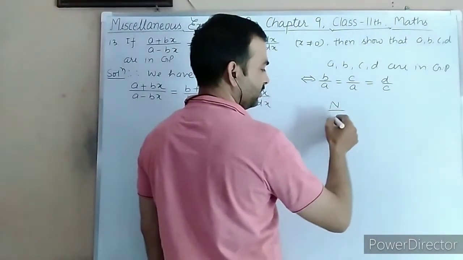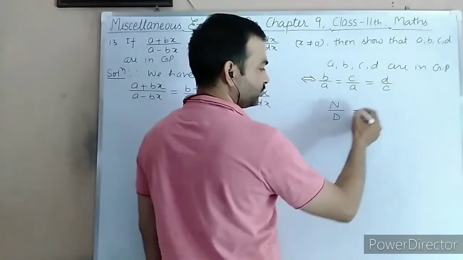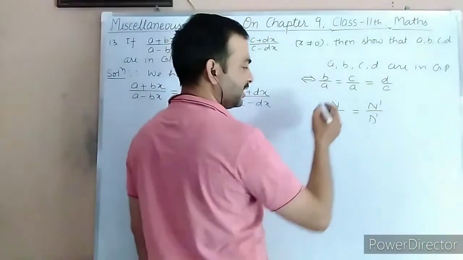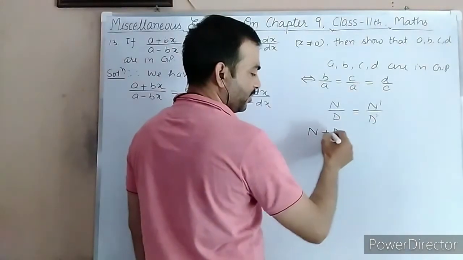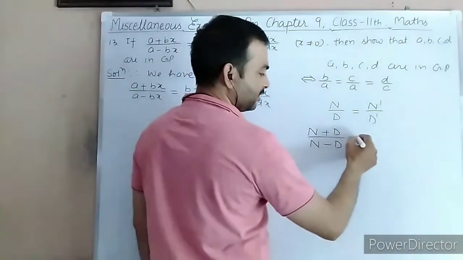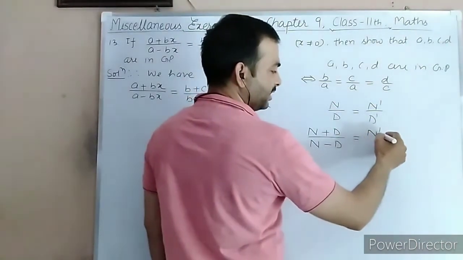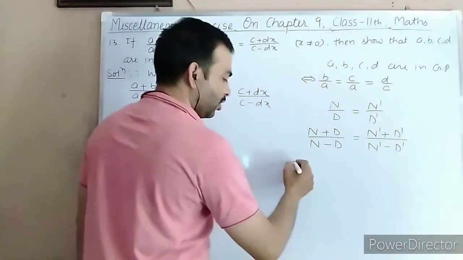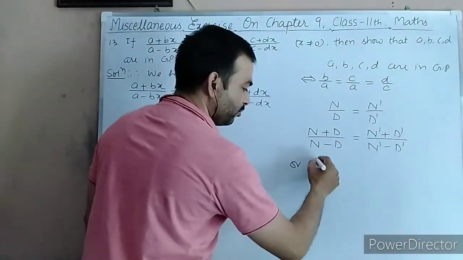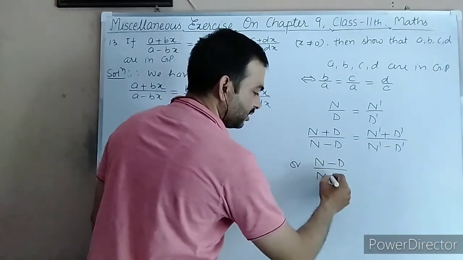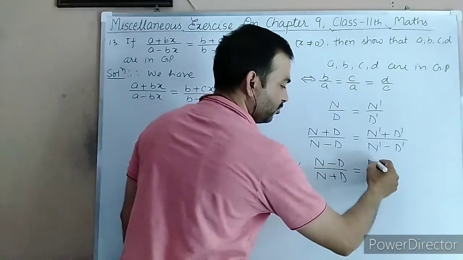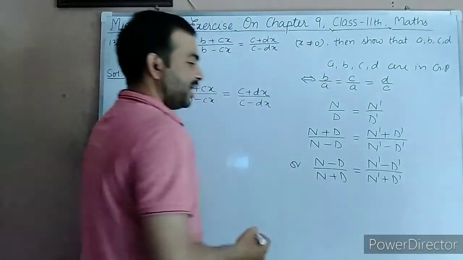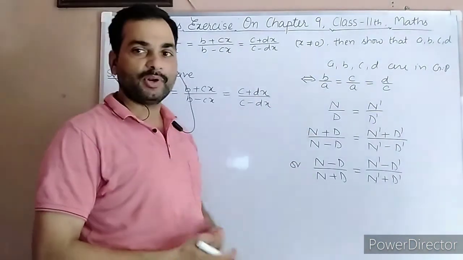If we have numerator divided by denominator equal to another ratio, numerator dash divided by denominator dash, then the formula says that numerator plus denominator divided by numerator minus denominator is equal to numerator dash plus denominator dash divided by numerator dash minus denominator dash, or it can be in this form: numerator minus denominator divided by numerator plus denominator is equal to numerator dash minus denominator dash divided by numerator dash plus denominator dash. Any one form we can write.